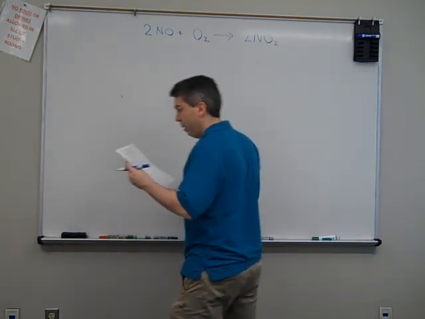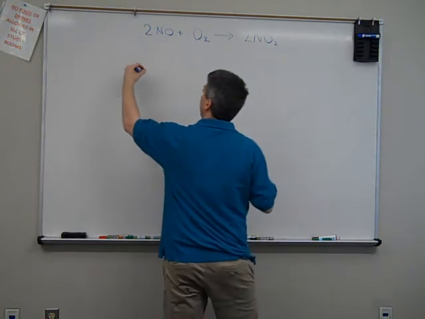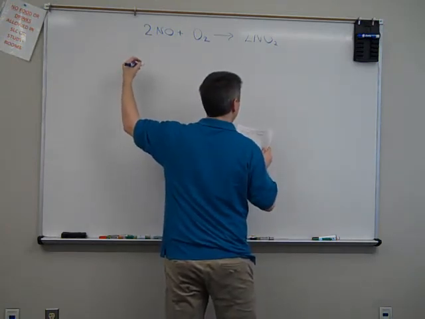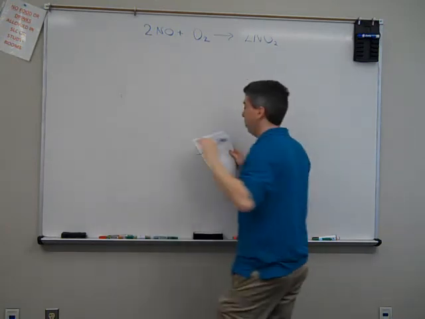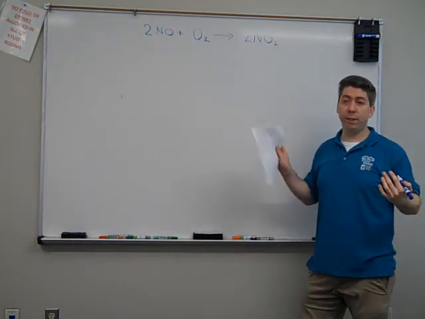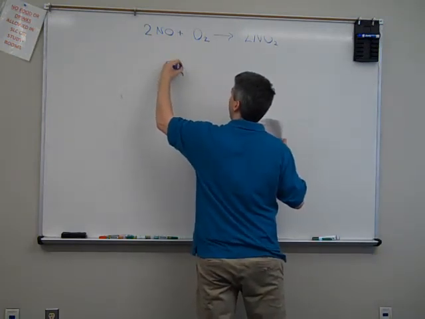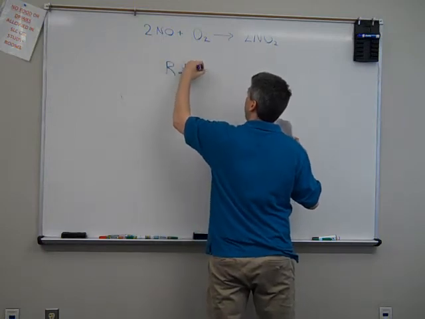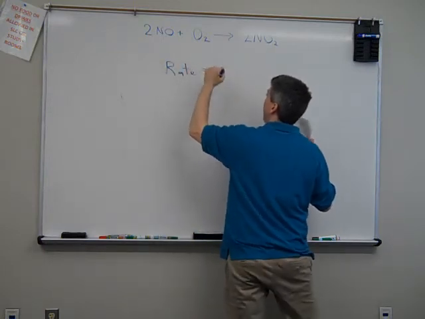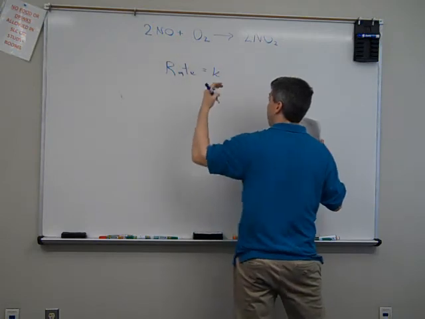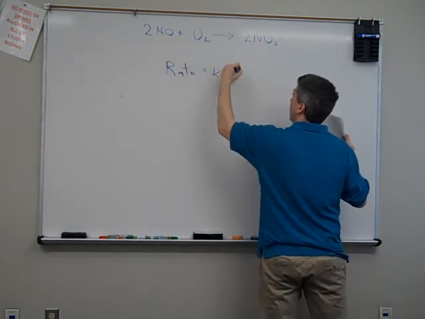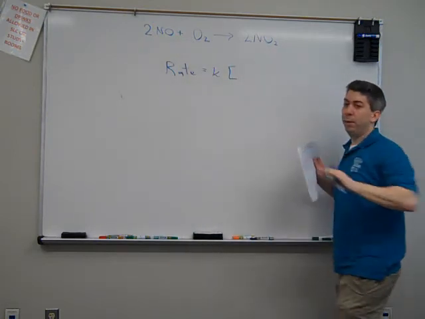Okay. So what I do is I set up this experiment with this rate data, where I measured the rates at different concentrations. See the little table? I'm going to write a generic rate law. Since I don't know what the rate law is, but I do know that it has the possibility to contain both reactants, but the rate law does not contain products.